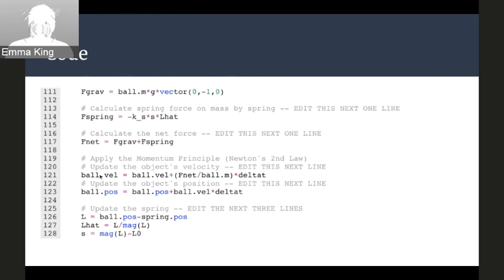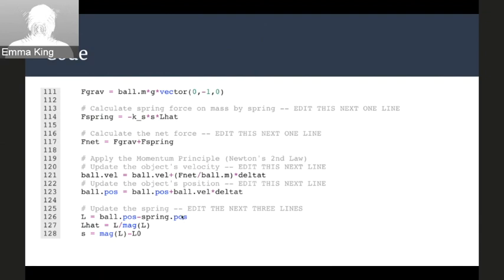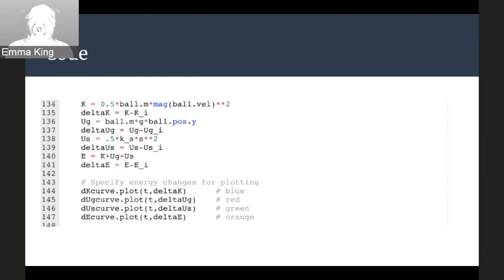From that, we just plug into the equations we've been using this whole time, which is Newton's second law. So Vf equals Vi plus F net over m times delta T, and then Rf equals Ri plus velocity times delta T. Then we have to update the location of the spring and the numbers we're going to plug into the next equation, the equation for K, which is again half times the mass of the ball times velocity squared.